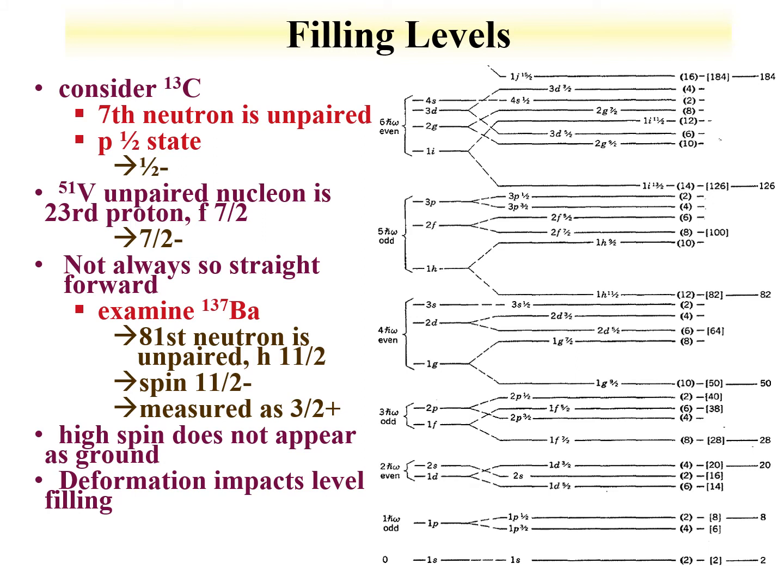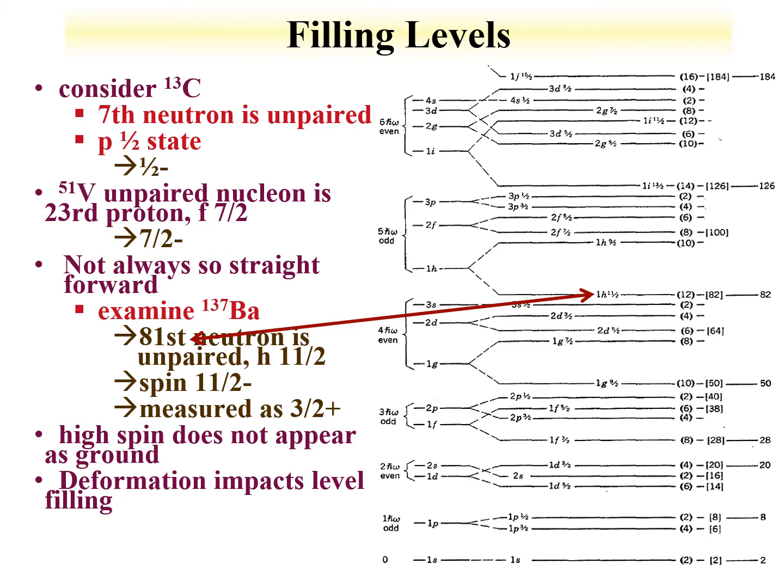The 81st neutron is unpaired in barium-137. That would leave a hole, right, almost completely filled 82 nucleons, so 81 is the 1h 11/2 state. That would be 11/2 minus, and if you look at the table of the isotopes for barium-137, you see that it is actually 3/2 plus. Now there are some rules with this.